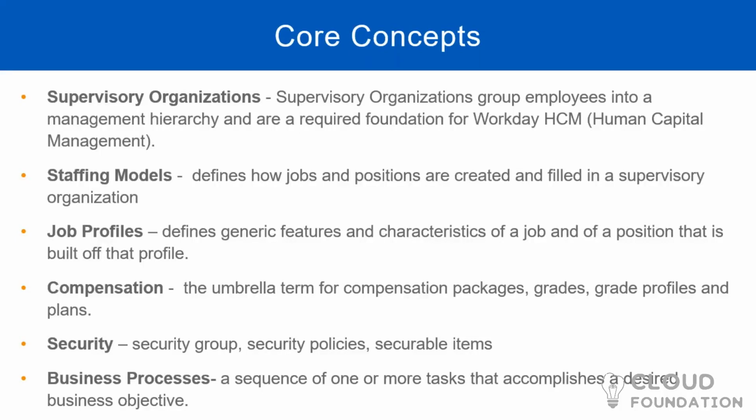Then we move on to another core concept, that is security. So security controls who gets to see what and who gets to do what kind of tasks in the system. A very common example that I give, and I also talked about yesterday, is that as an employee, you are authorized to view your own compensation information, but you are not authorized to view the compensation of your coworker, right?